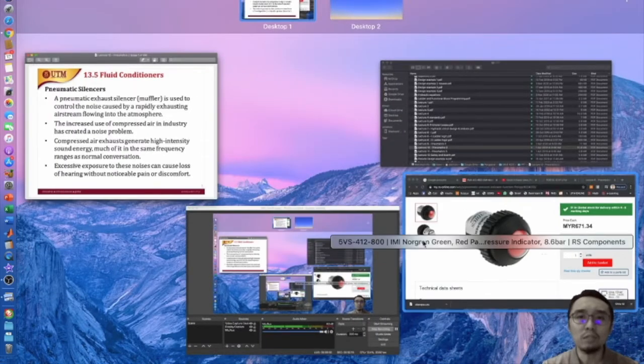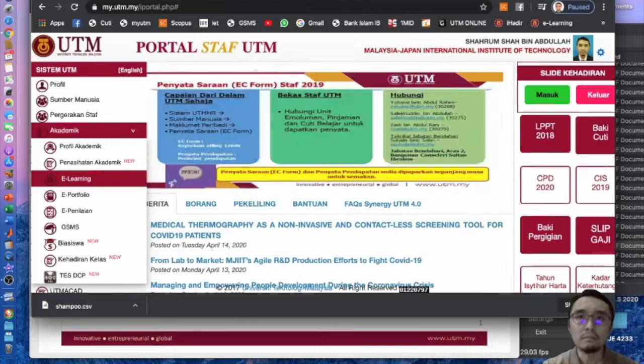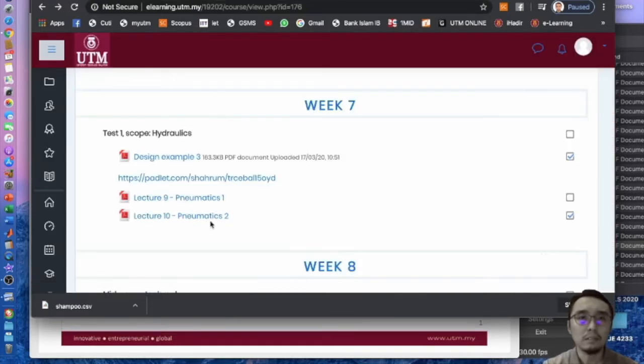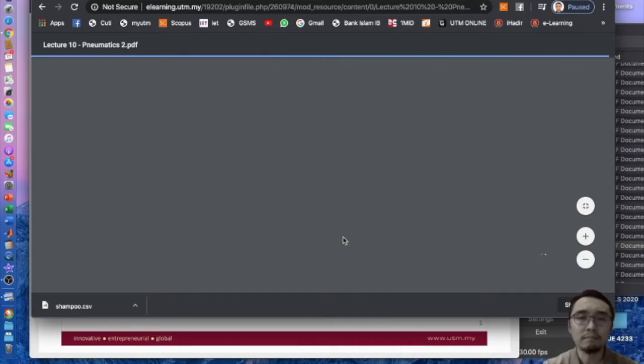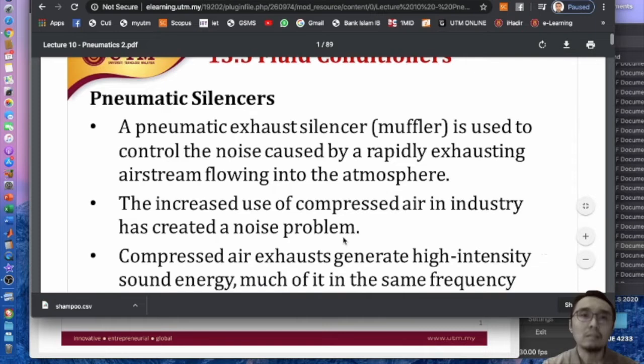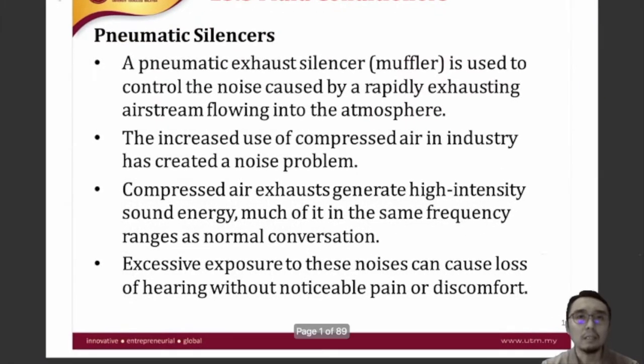So let's move on to the next one, which is this document. If you open this document, then we continue with the silencer. So the next one will be the pneumatic silencers.